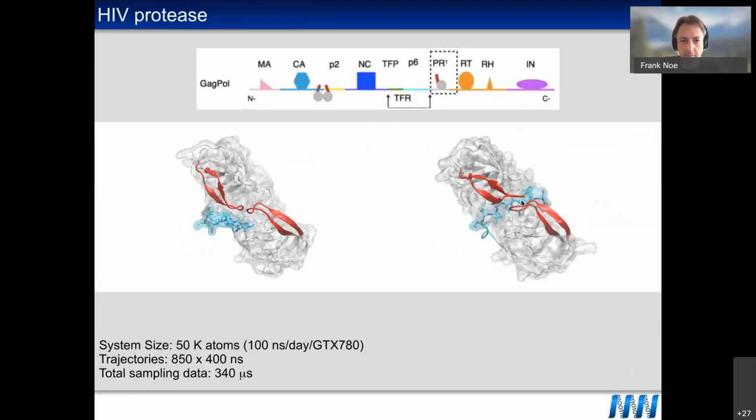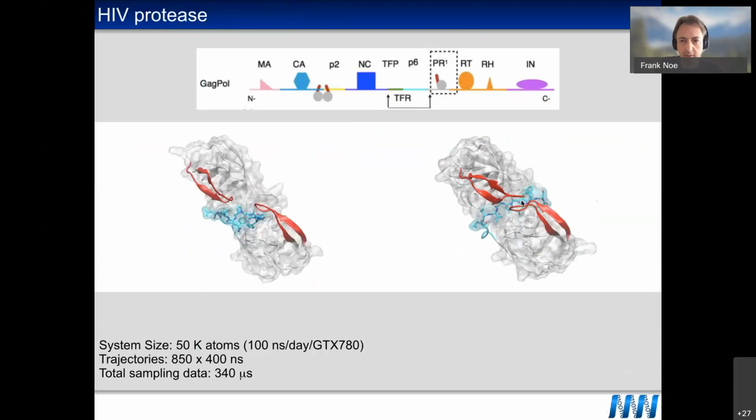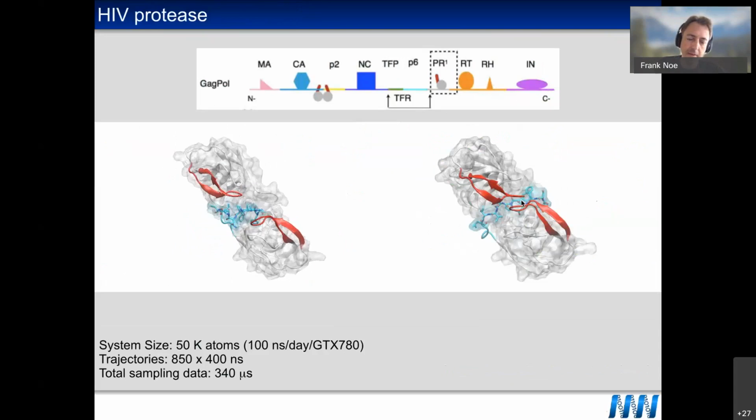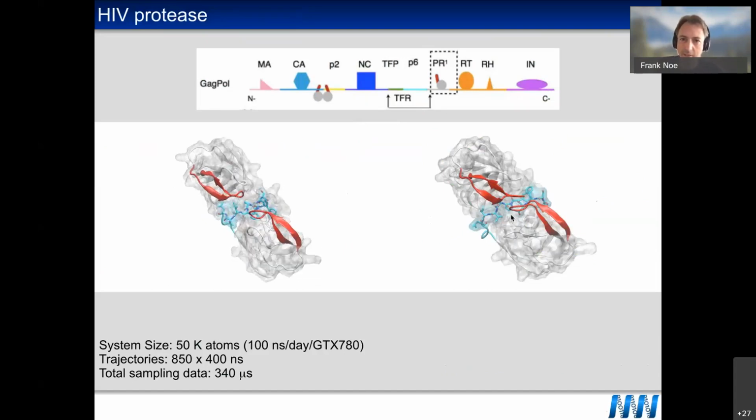Here's another example where we've done that. This is an HIV protease, and it's the terminus of the chain binding to the binding site of the HIV protease, where it is cleaved. This is an enzyme which cuts proteins, basically, and it's part of the HIV protein chain in the virus.